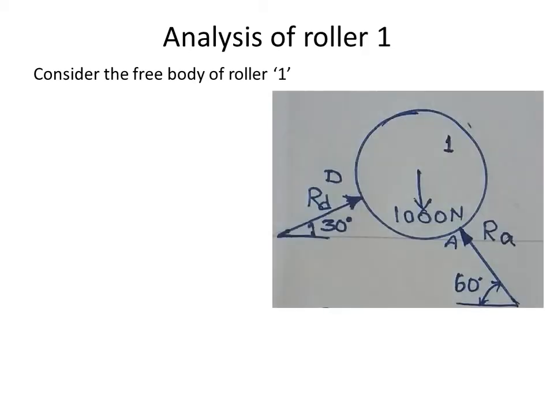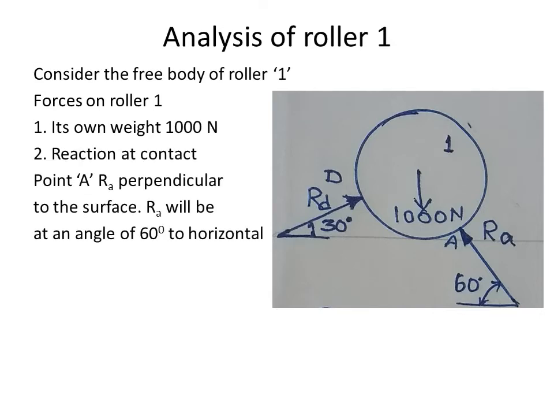Analysis of roller 1. Considering the free body diagram of roller 1, the forces on roller 1 are its own weight 1000 newtons, and reaction at contact point A, RA, perpendicular to the surface.